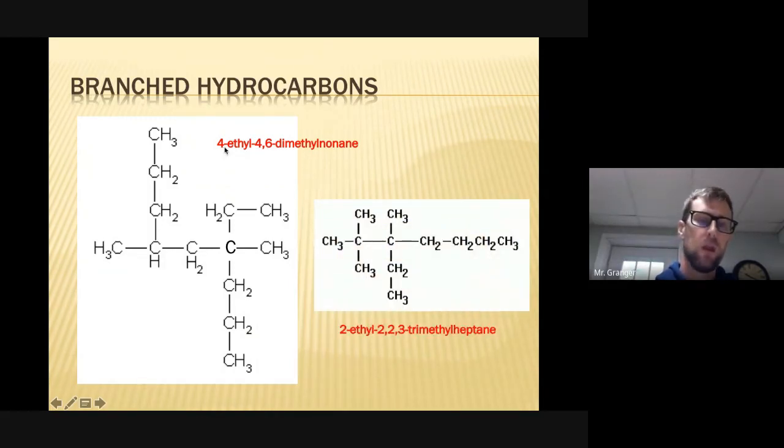Okay, so the 4-ethyl, 4,6-dimethyl, we need to number these like we said before so that these are at the smallest possible number combination. So if we count up from the bottom, this carbon here is going to be carbon 4, which has the 2-carbon ethyl branch off of it.